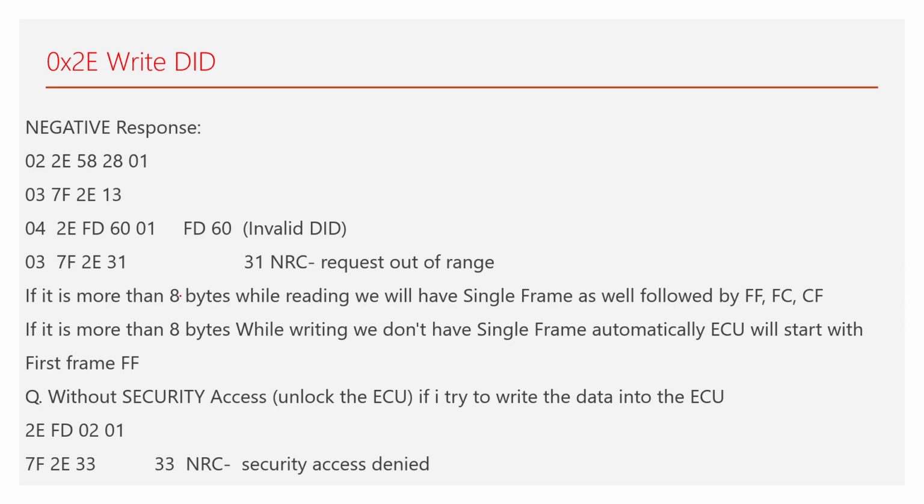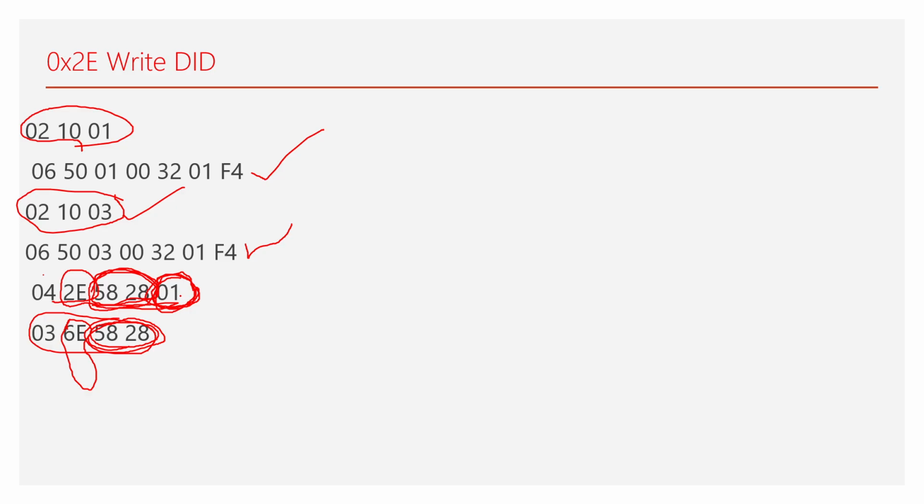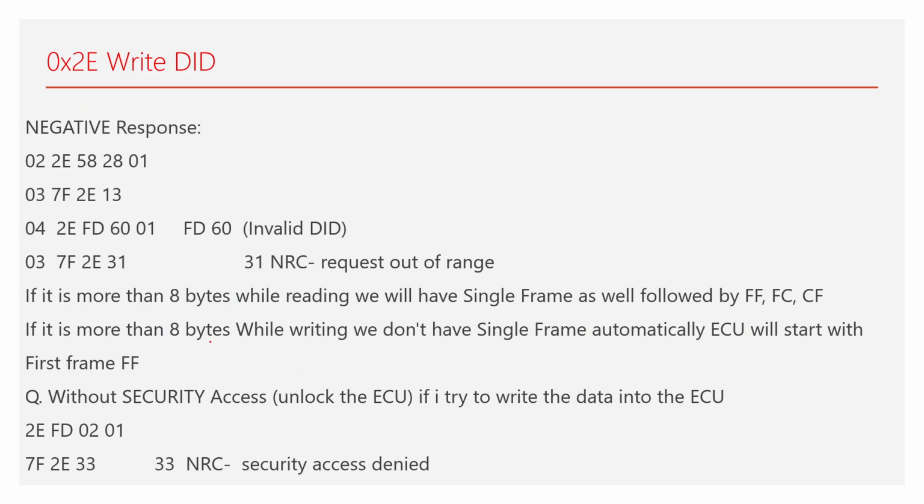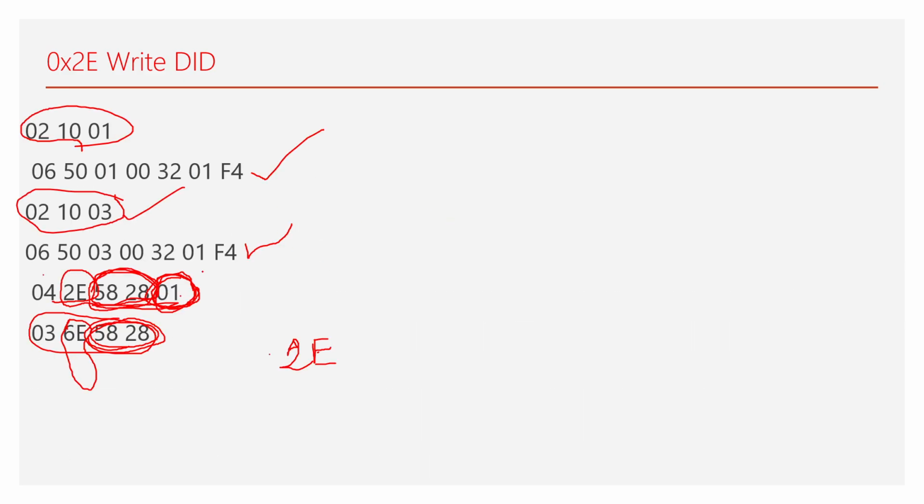If the data 01 is not present in the ECU, we will get 7F followed by 2E. For every negative response we get 7F added.